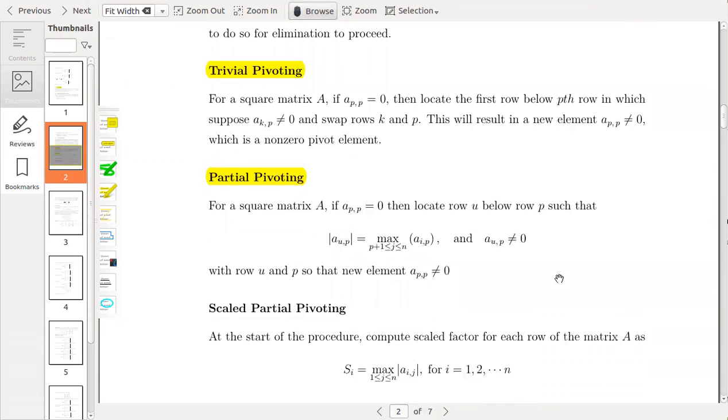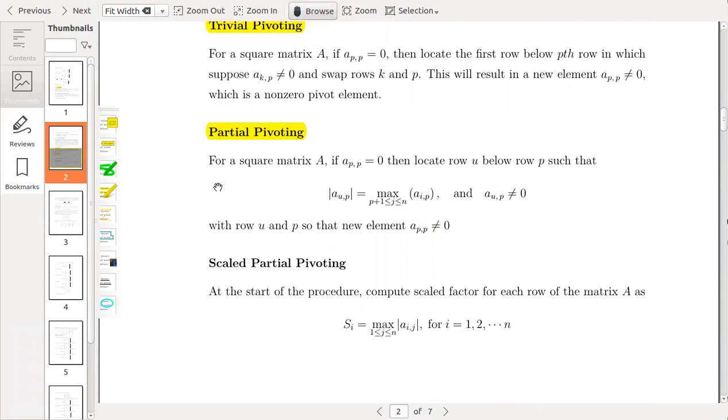Next is partial pivoting. For a square matrix A, if the diagonal entry is equal to 0, then we will locate a row u below row p such that we get the maximum entry in this column. So we can write |a_up| is equal to the maximum of |a_ip|, where i is equal to 1, 2, 3, and so on up to n.